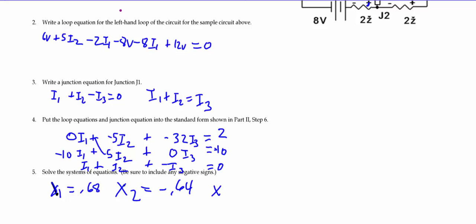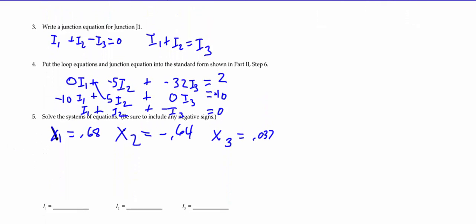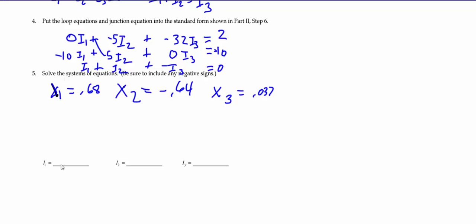and x3 equals 0.037. Now all that means is that we chose our currents correctly for 2 out of the 3 of them. The fact that x2, or I2 in this case, is negative simply indicates that we chose the wrong direction. So I1 is 0.68, I2 is -0.64, and I3 is 0.037.